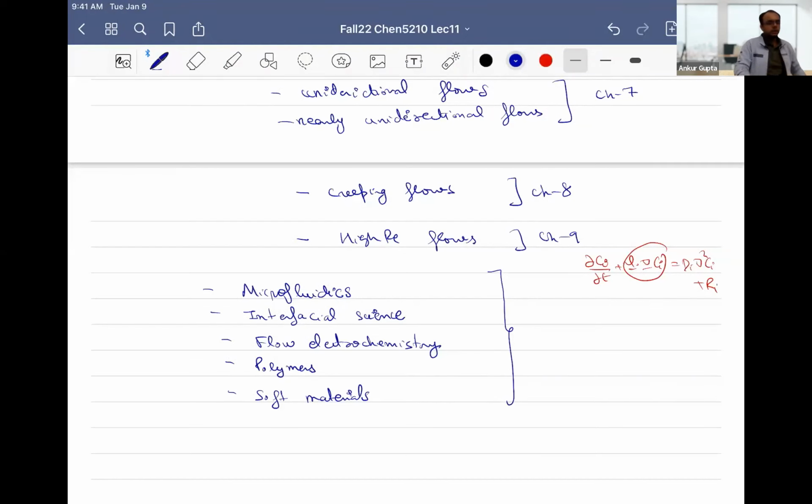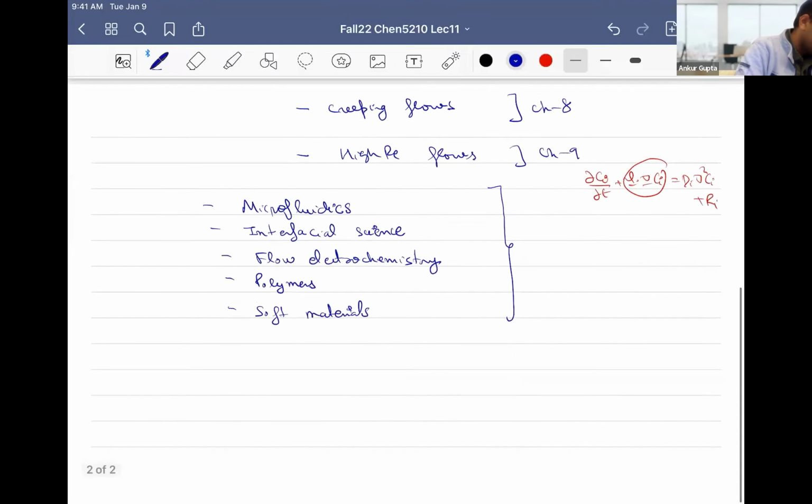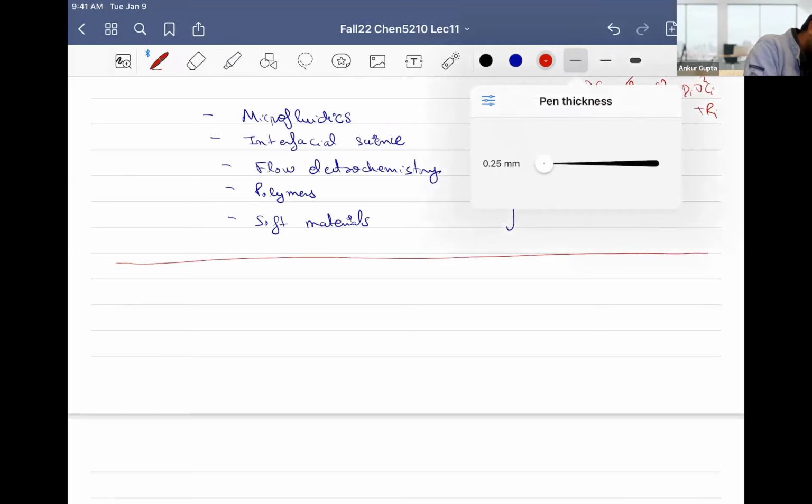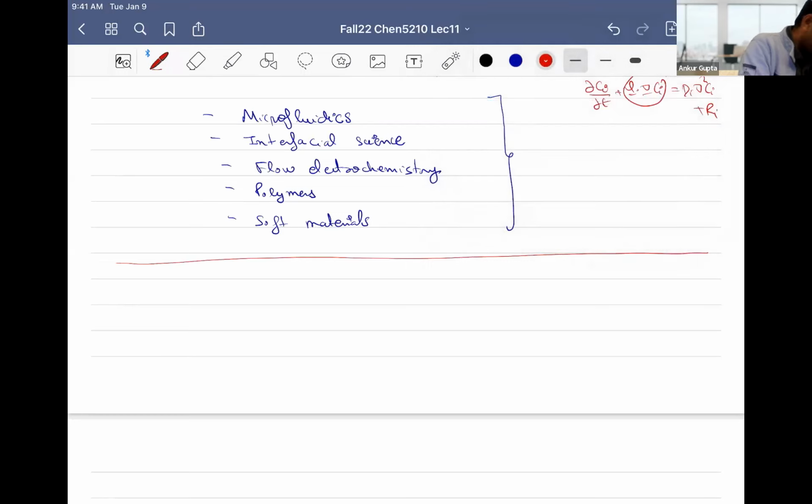We'll start with what is stress and how to think about a tensor form of stress and so on. So let's start. First thing is, remember that in part 1 of the course, you were finding concentration, temperature, right?